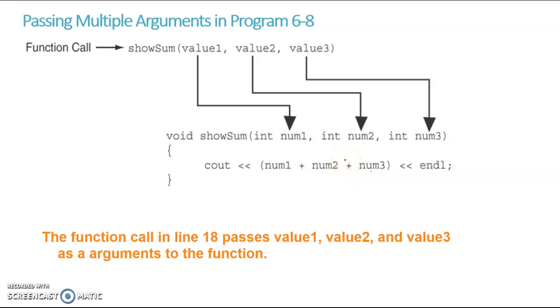Now, what you need to understand is that num1, num2, and num3 are local variables. Once the body of this function is done executing, num1, num2, and num3 are destroyed in memory. They only last for the sake of the executing function. I cannot access num1, num2, num3 outside of the function showSum.